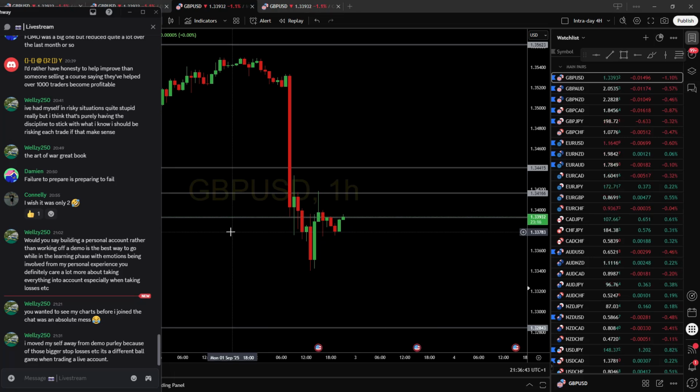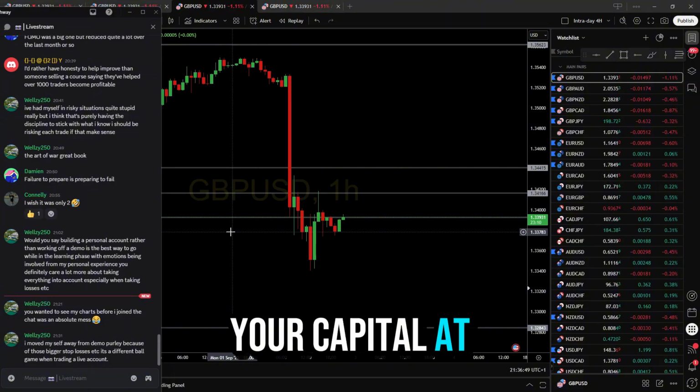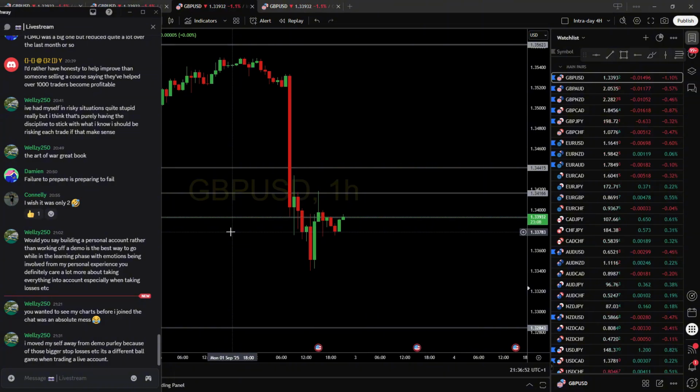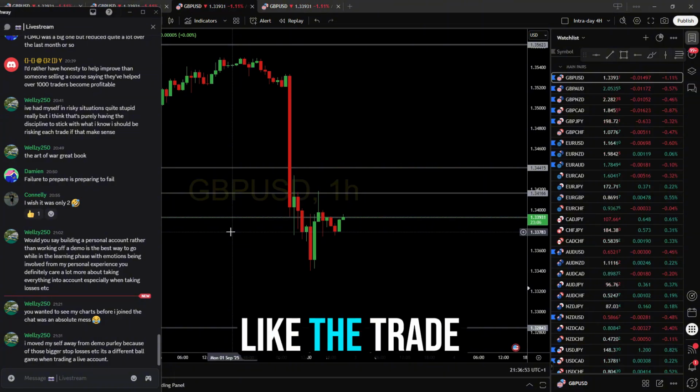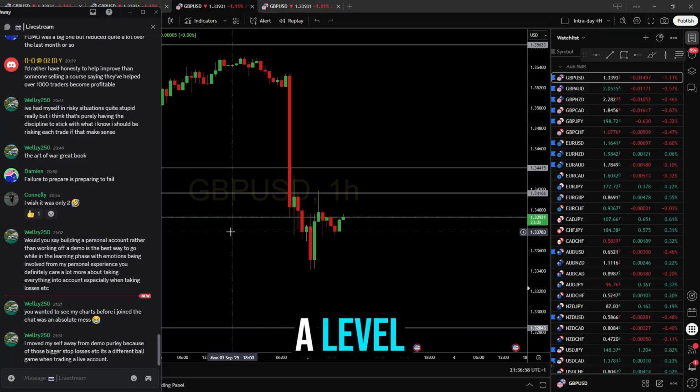Now, in trading it's so easy to allocate capital, to put your capital at risk. The trade that he didn't take had pound US dollar at a level.